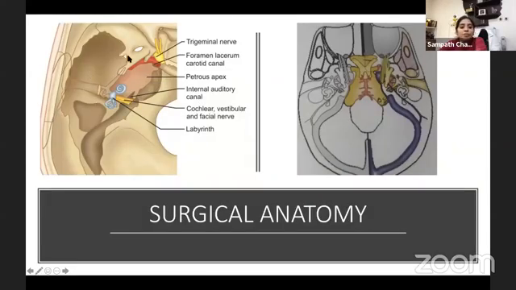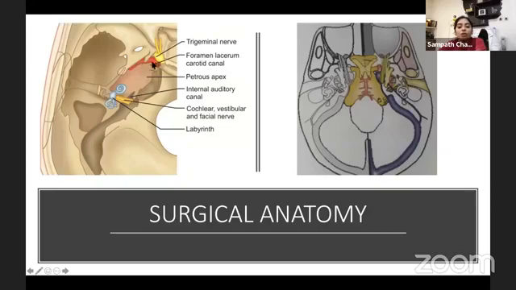You can see in this picture the surgical anatomy of the temporal fossa B approach. Coming to the petrous apex, this is a pyramidal shaped bone which lies posteromedially in the skull base, whose base is formed by the cochlea and the anterior wall of the internal auditory meatus, and anteriorly by the Gasserian ganglion.